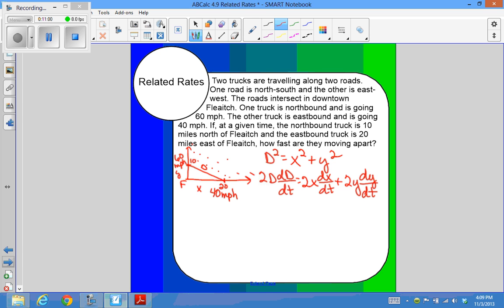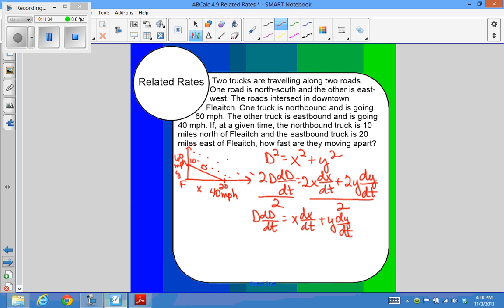There's a 2 all the way through that we can drop, so I'm going to divide everything all the way through, both sides, by 2. And so we have D dD/dt equals x dx/dt plus y dy/dt.